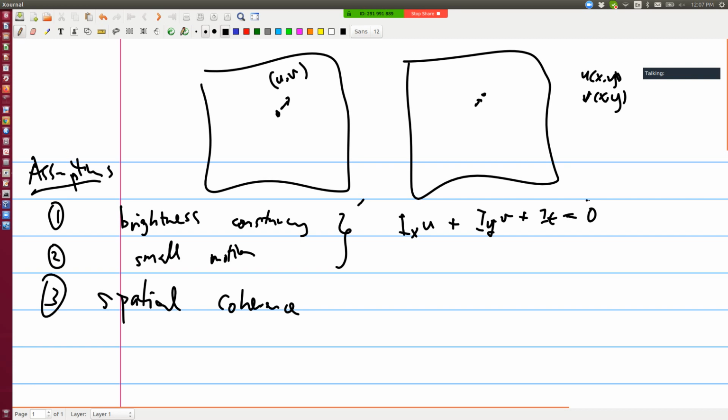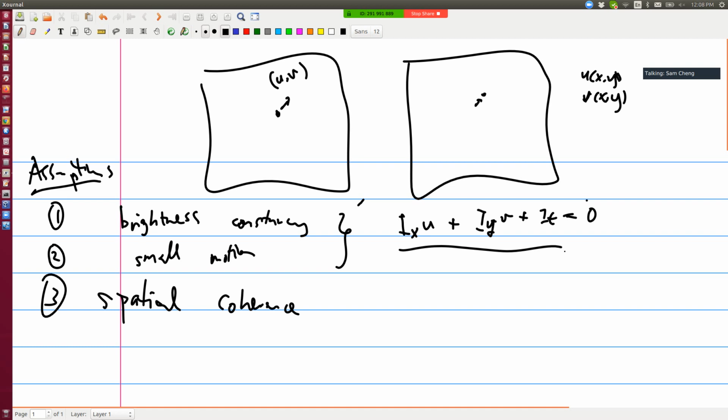It's basically just a Taylor series expansion. We expand this after we have a motion like this, look at what it is after the disparity U and V, and subtract the first-order approximation. If these two have to match, we set the difference to 0, and we get something like this.